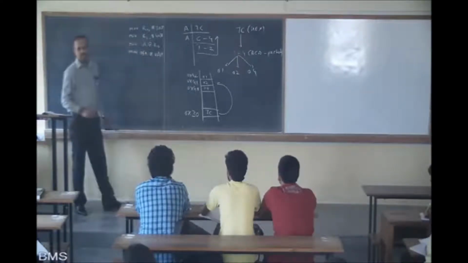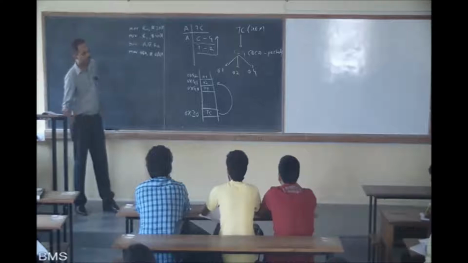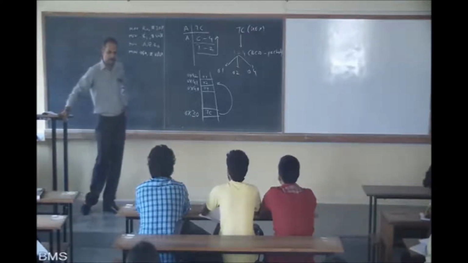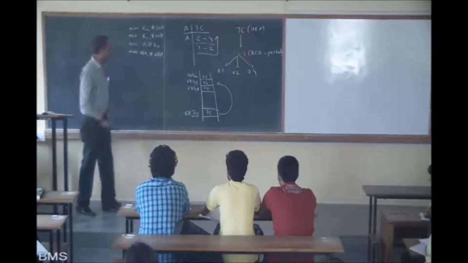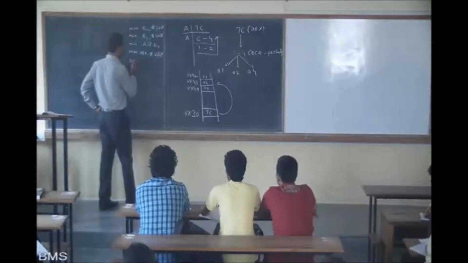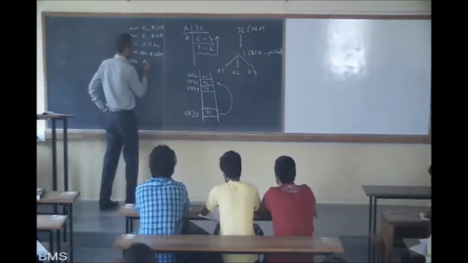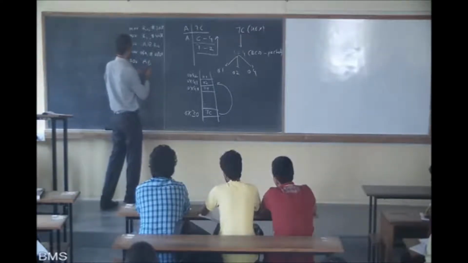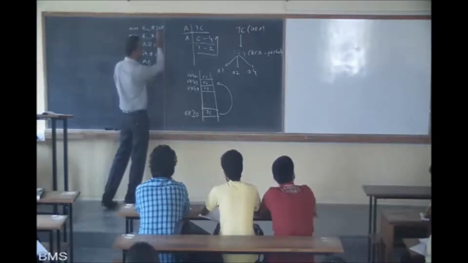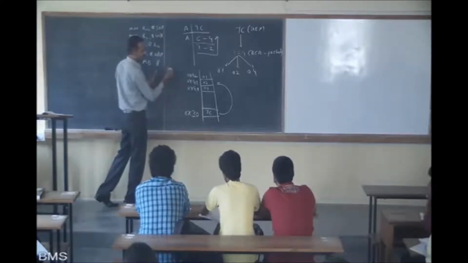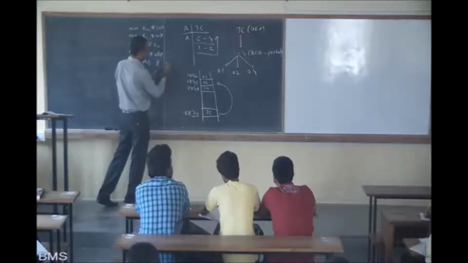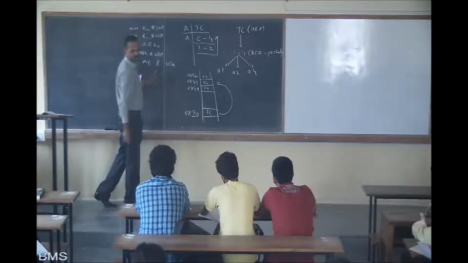Correct, right? 0F0. Divide AB. What happens with this? We know the number here as 7C. 7C divided by A will happen.